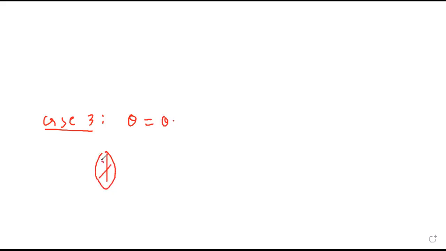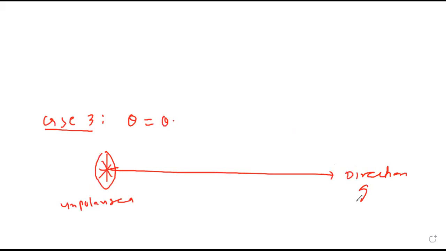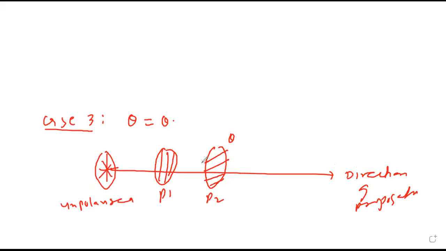So this is unpolarized light. Direction of propagation. The first polaroid is having vertical vibration. The second polaroid is making angle theta with vertical. So this will give intensity I0. This will have intensity I equals I0 cos square theta. Please copy this diagram and write the answer.